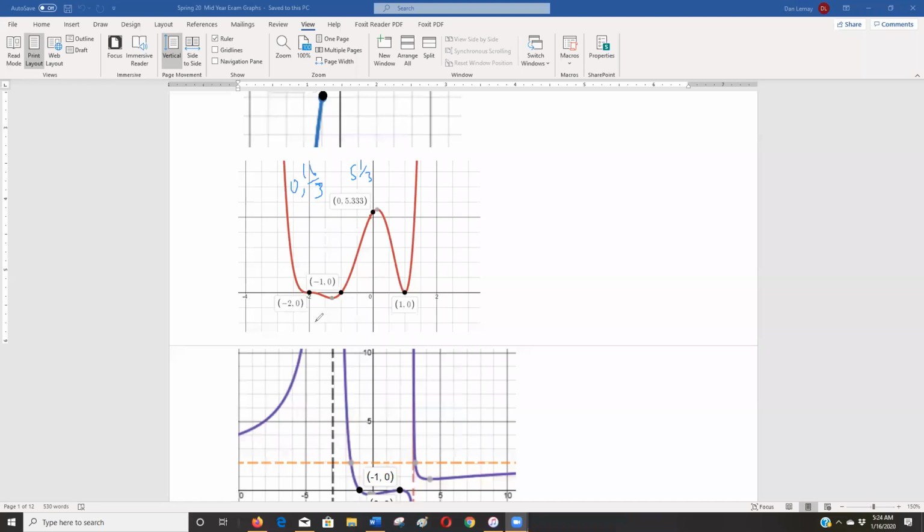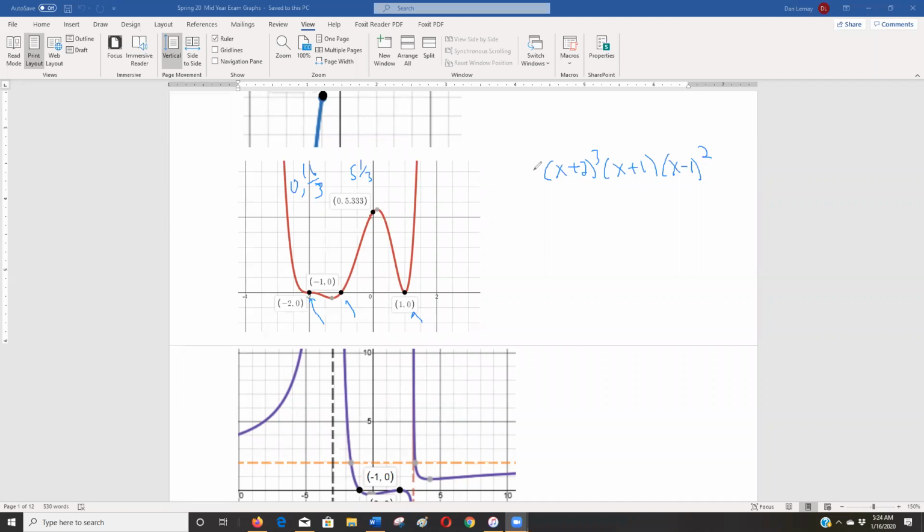We'll use that in a minute. I see this graph wiggles through the zero at -2, so I'm going to write (x plus 2) cubed. I don't see anything special happening at -1, so I'm just going to write x plus 1. And then it bounces at x equals 1, so that's going to be x minus 1, but I've got to square it. So I did all the zeros.